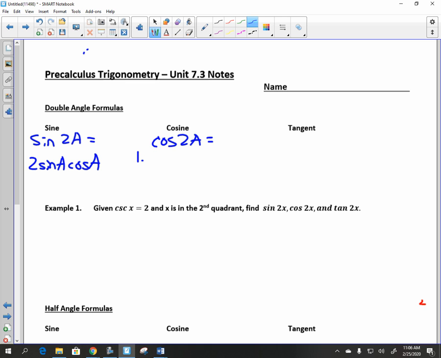The first one is cosine squared of A minus sine squared of A. Or you could choose to use this one, 2 cosine squared of A minus 1. Or you could choose the third formula, which is my favorite, 1 minus 2 sine squared of A.